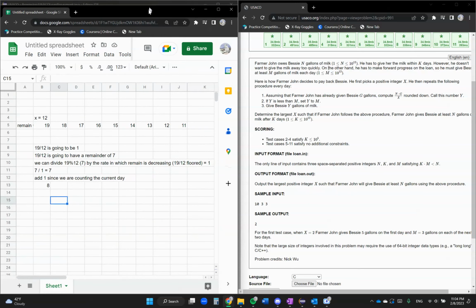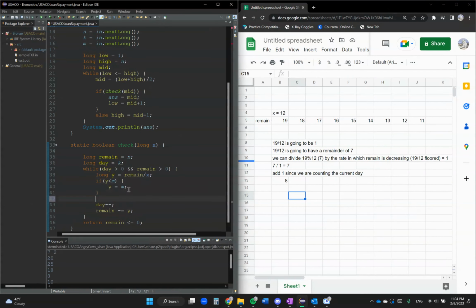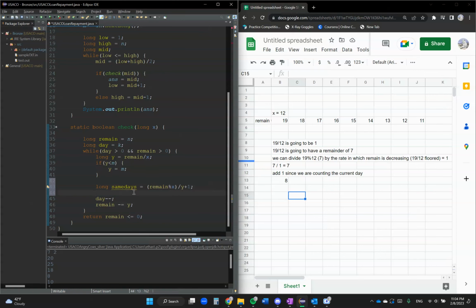So if we implement this in our code, we set long same, which is the number of same days, equals remain modulus x divided by y, which is the rate of change at which the integer long remain is decreasing, and then we add 1 since we're going to have the current day included.